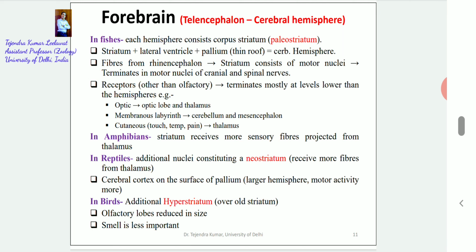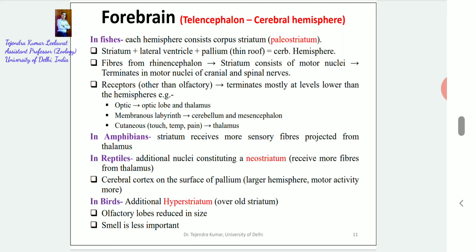The striatum consists of motor nuclei, and then the signals terminate at the motor nuclei of the cranial and spinal nerves. So this is the pathway: it starts from the rhinencephalon, then goes to the striatum, and then to the cranial or spinal nerves.